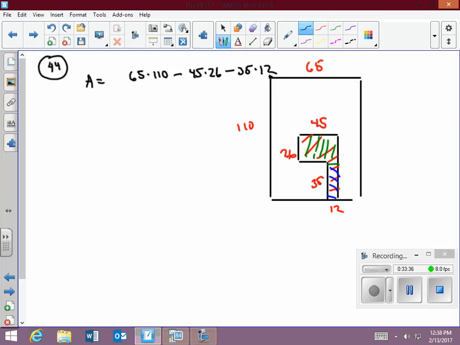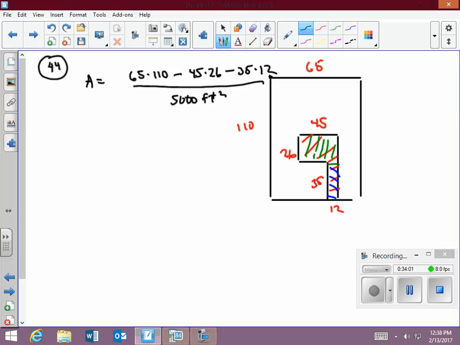Now, if we want to do this all at once, what would we do next? That's going to be in feet squared. The bag covers 5,000 feet squared, don't it? So if we divided this by 5,000 feet squared, we'd have the answer, wouldn't we?